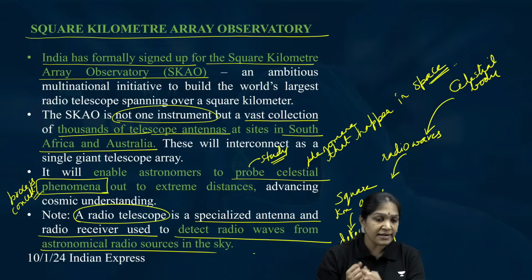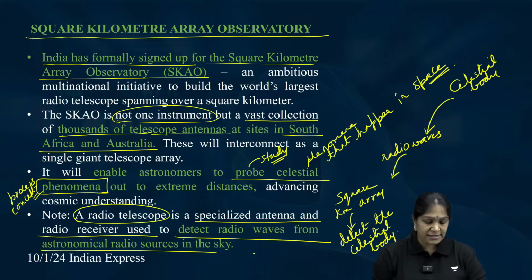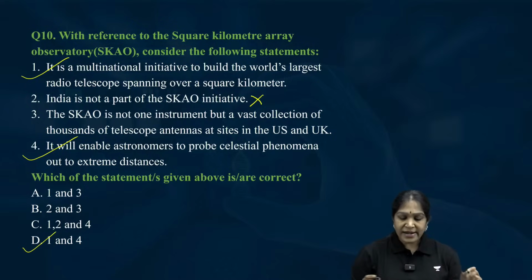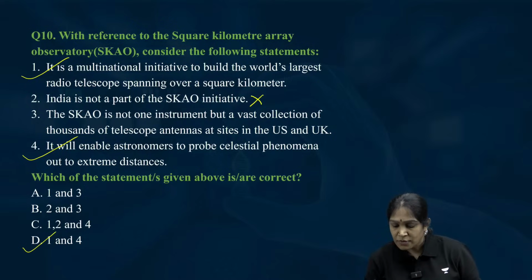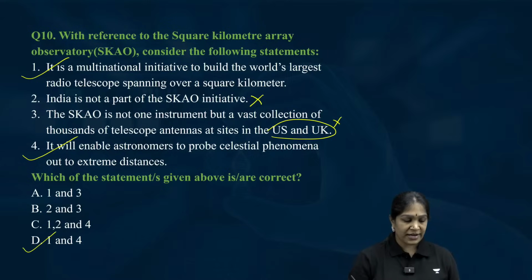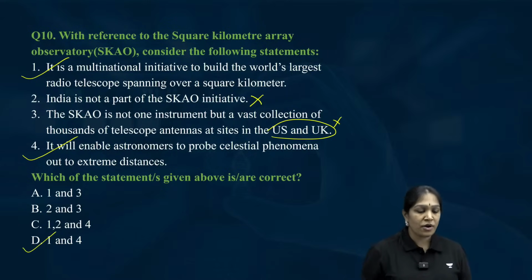Is it a satellite? Is it an asteroid? That is what a radio telescope is. This is about the Square Kilometer Array. And it is not located in US, UK, it is located in South Africa and Australia. So these two statements are wrong and 1 and 4 are correct. This is the right answer.